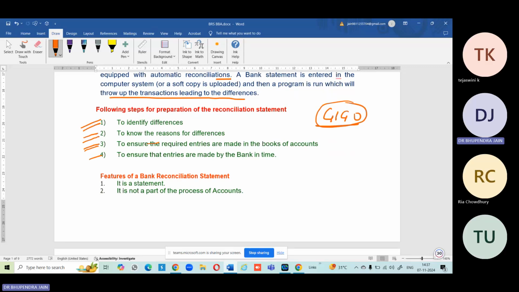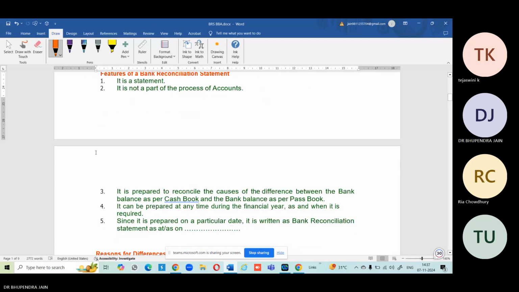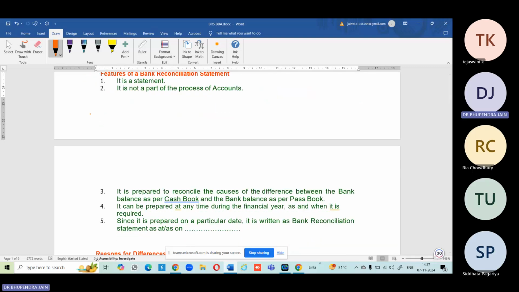Now, the features of the bank reconciliation statement. Some 5 or 6 features are given. Number first, it is a statement. This is implied. It is not part of the process of account. What is the process of account?